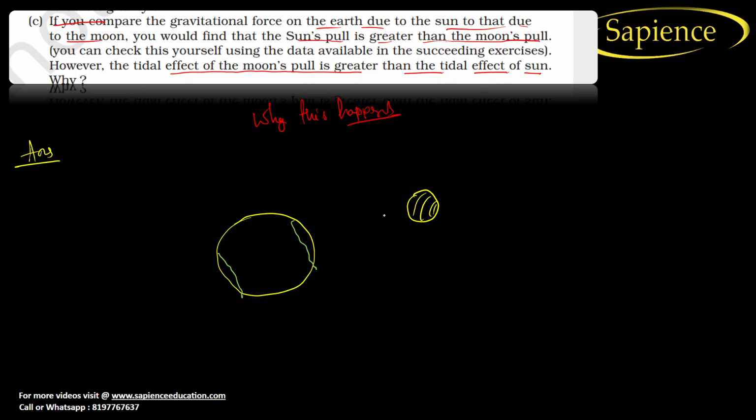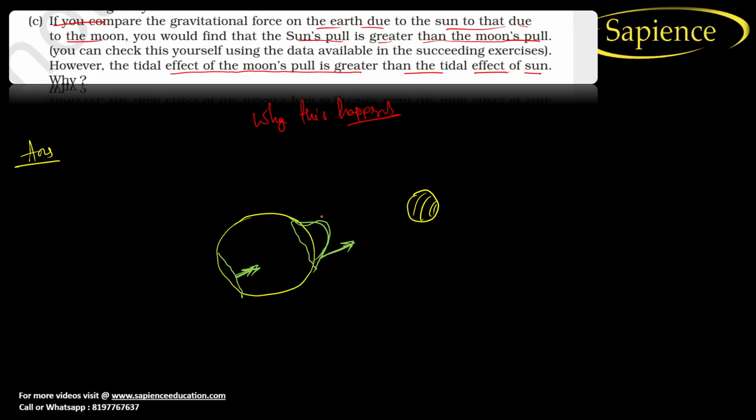Now see here what happens when we talk about this section and this section. Due to the Moon's pull, there is a force at this point, and there is another force at this point. The force at this point is greater, and the force at this point is smaller. So we can conclude that there will be a high tide at this place, but a chance of a low tide at this place.